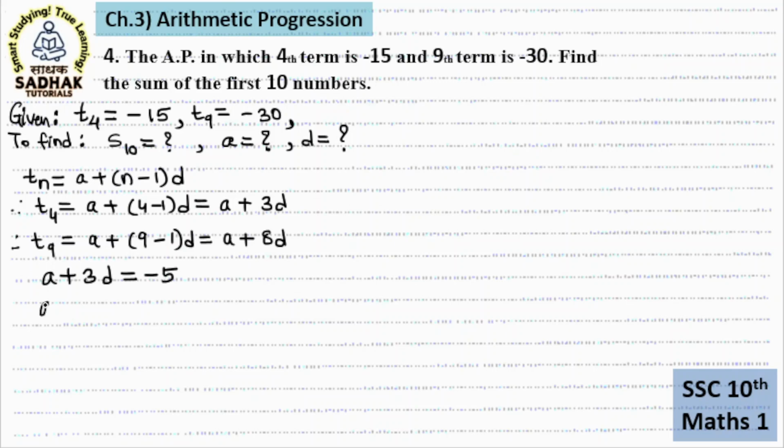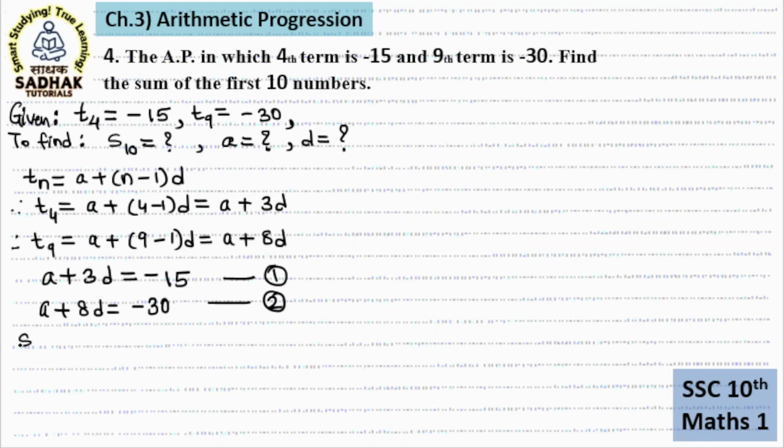Similarly, the ninth term, A plus 8D, is equal to minus 30. Here by mistake I have written 5. It is not 5, it is minus 15. So now we have these two equations. Let us say this is equation 1 and this is equation 2.